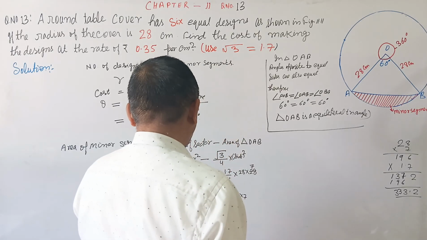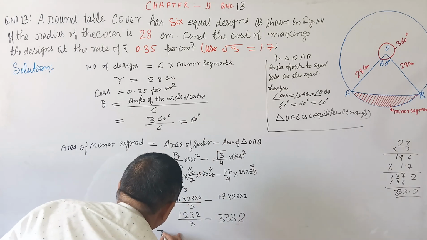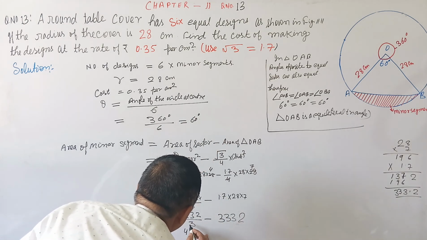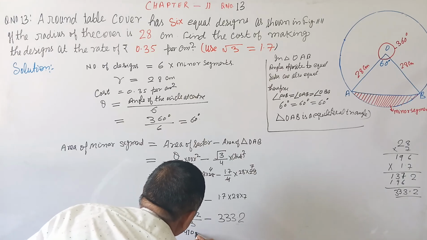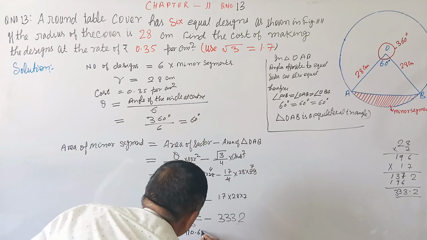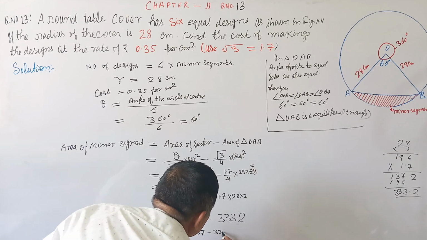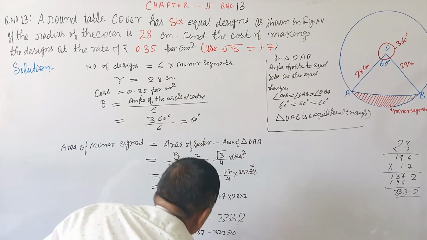Now if we divide 1232 by 3, we get 410.67. Minus 333.20.